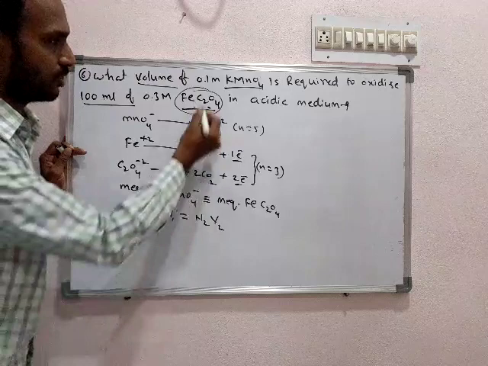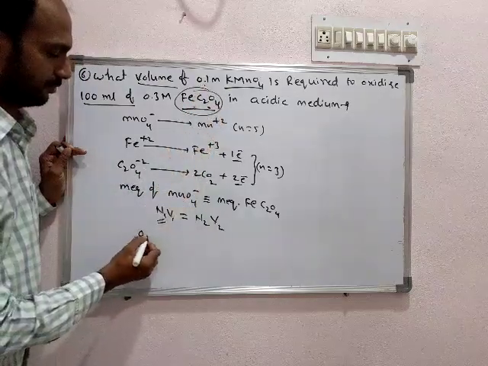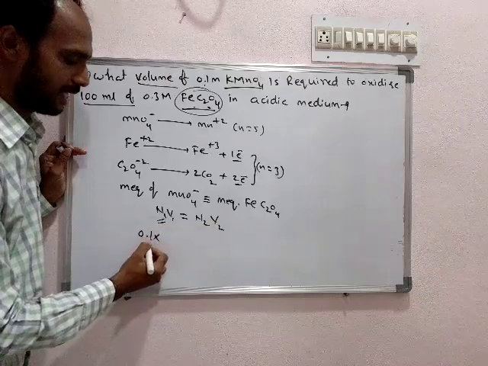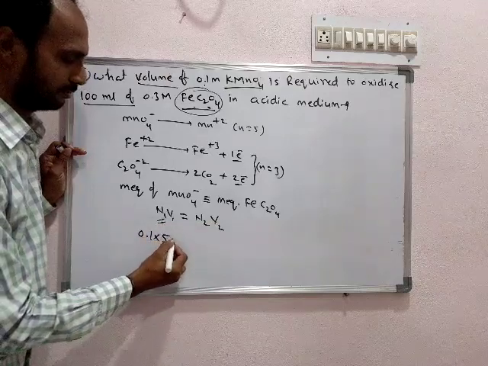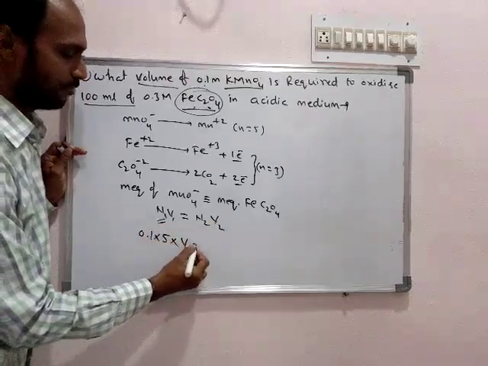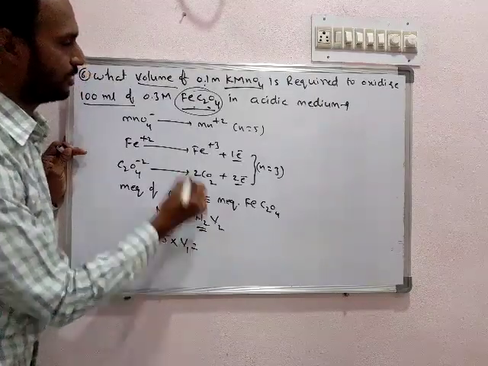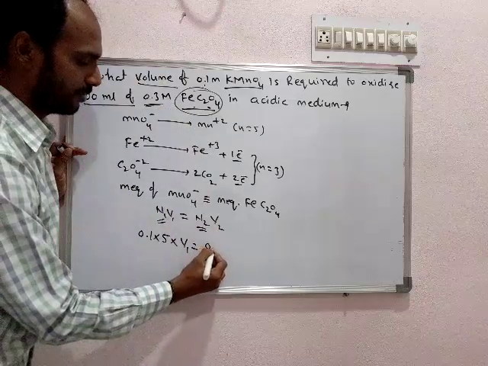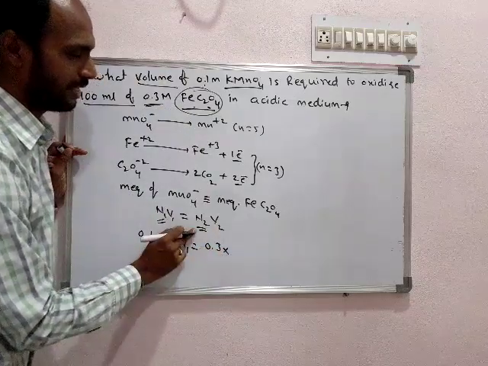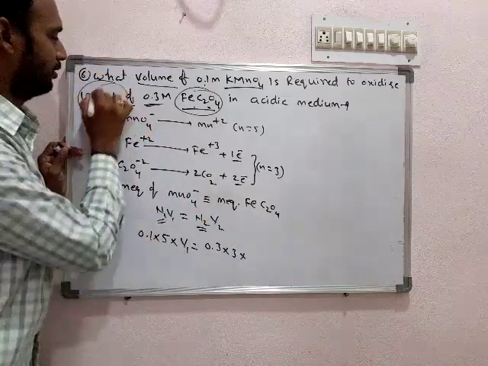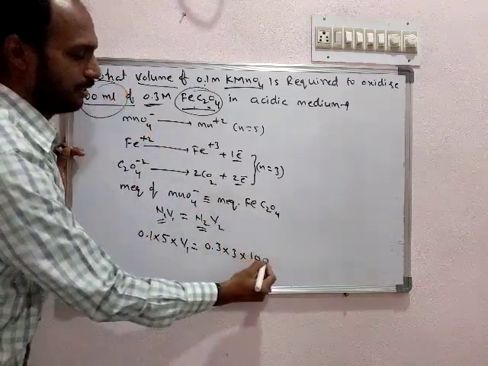For N1, what is the normality of this? 0.1, its molarity is given, into its N factor, since normality equals molarity into N factor. What is the normality of this one? 0.3 molarity into N factor, that is 3. The given volume for that is 100.